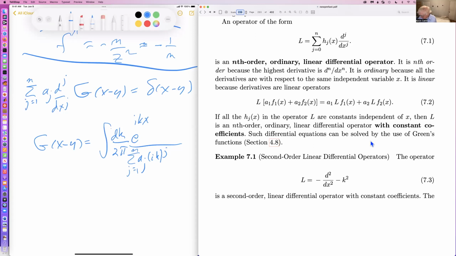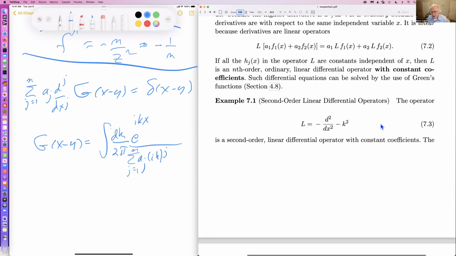That's because when you differentiate with respect to x, you bring down an ik, and then that gets multiplied by a_j, and then you sum them. And so that's how you can solve things like that.